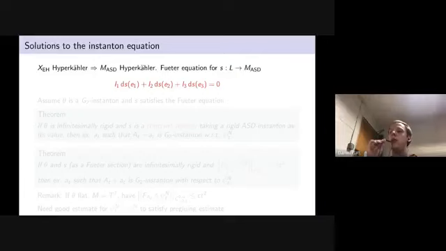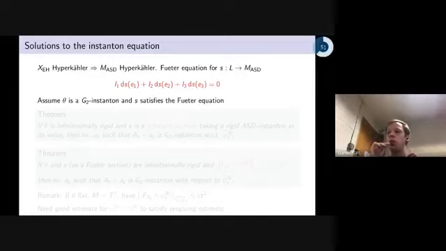I1, I2, I3 is a hyperkähler triple on MASD, and e1, e2, e3 is an orthonormal frame on L. How exactly you pair e1, e2, e3 with I1, I2, I3 is told to you by the G2 structure. If you remember, for a point x in L, the G2 structure phi contains terms e_i wedge omega_i, and this exactly tells you how you match up the orthonormal frame with the hyperkähler triple on MASD.